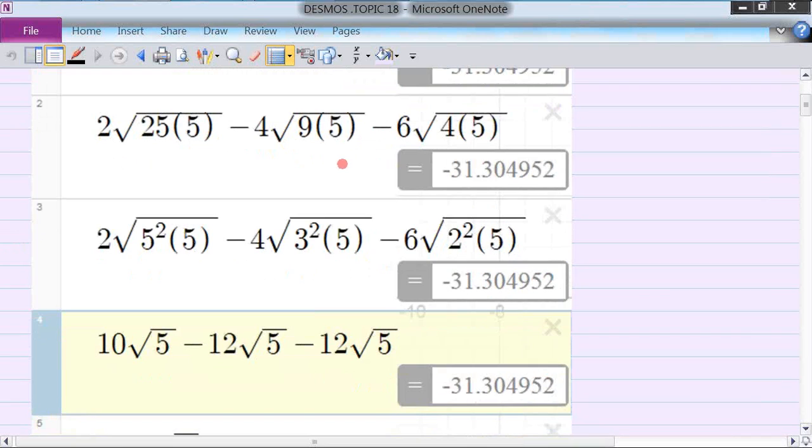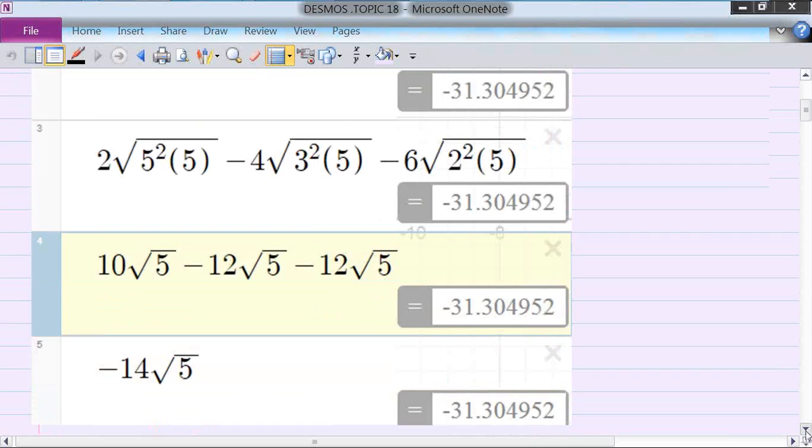Now when I take the 5 outside, I get 5 times 2 is 10. The 5 is still left under the root sign. The square root of 3 squared is 3, and 3 times 4 is 12. The 5 is still under the root sign. And here I take out the 2. 6 times 2 is 12, and I get 12 root 5.